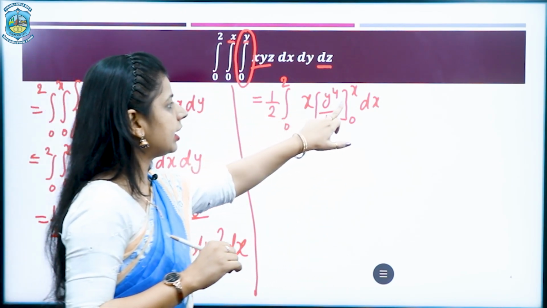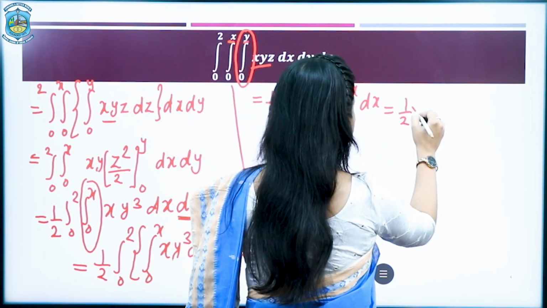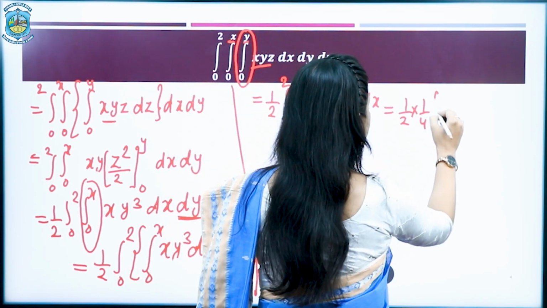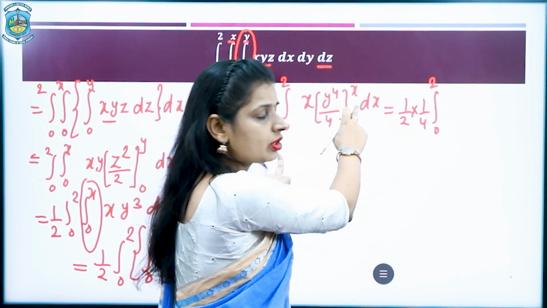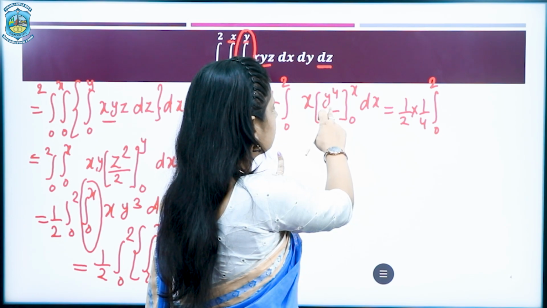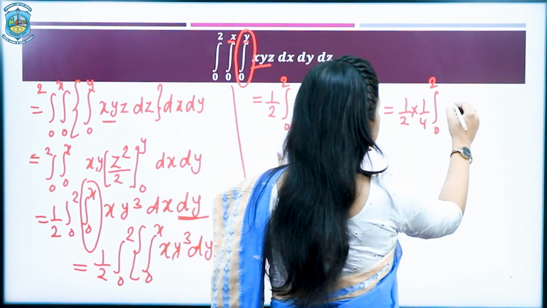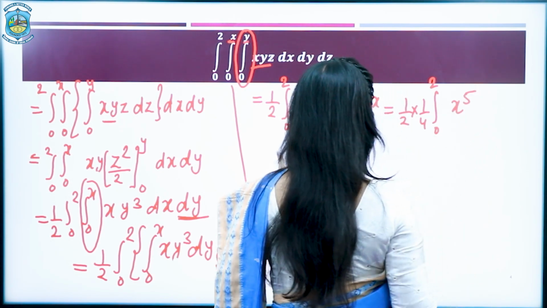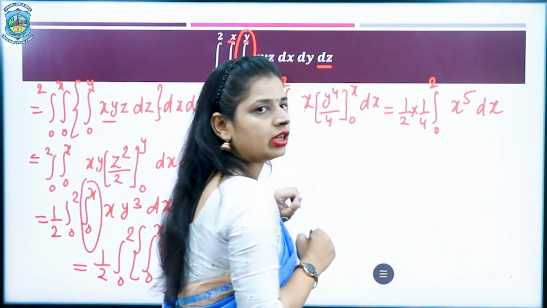Now, we will apply limits, 1 by 2 as it is, now 1 by 4, integration 0 to 2. When we substitute upper limit, here we will get x to the power 4, when it is multiplied with x we will get x to the power 5, and integration is with respect to x.